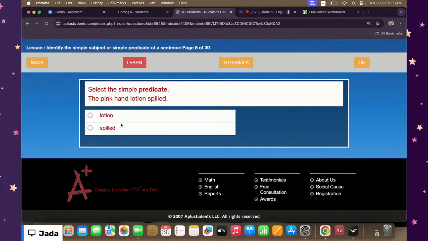The pink hand lotion spilled. What is the simple predicate? The pink hand lotion spilled. What is the simple predicate here?